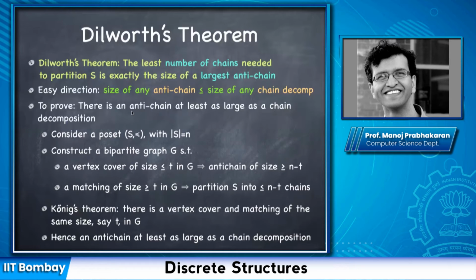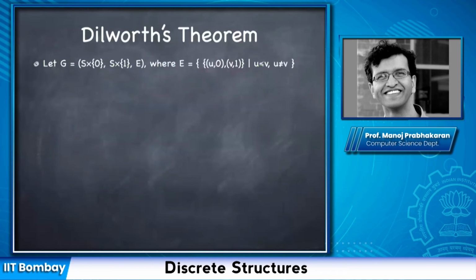Okay. So what remains to be done is to prove these two facts, that there is a bipartite graph with these two properties. So here is the bipartite graph that we want to construct. The two parts have elements from the ground set, but there are two different copies of it.